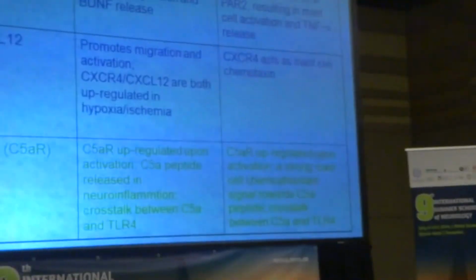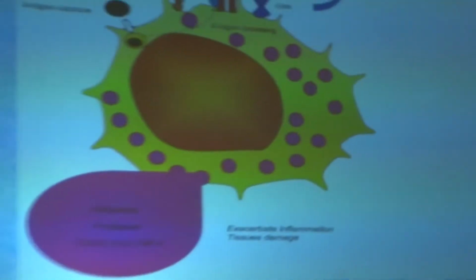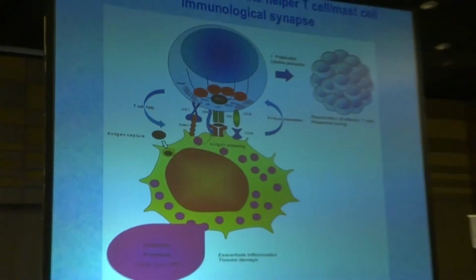Mast cells don't make C5a, but they have the receptor. And C5a released by microglia is a strong chemoattractant towards mast cells. So both cells involved in inflammation can work together. Now, there's also evidence that mast cells interact with T helper cells in inflammation.